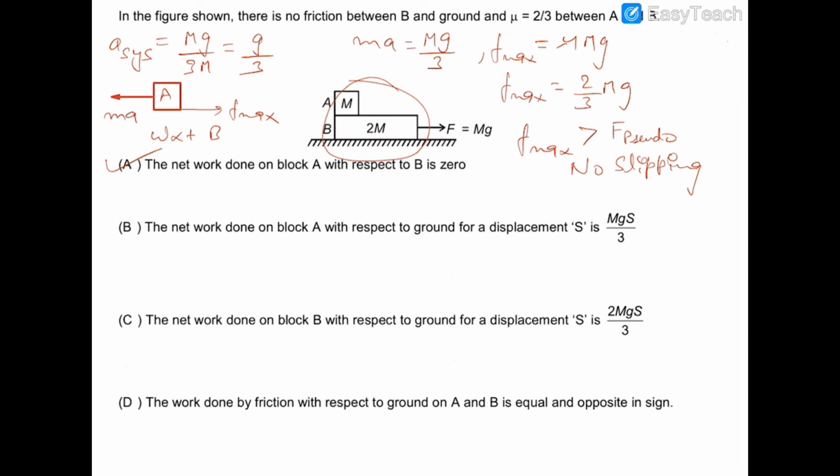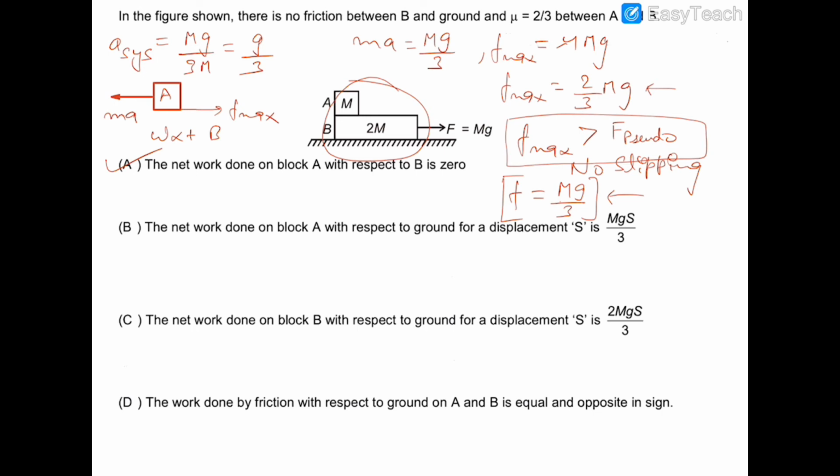Now we can say that if F max is greater than the pseudo force, then friction is sufficient to balance the pseudo force, and hence there will be no requirement of this much friction. The friction which would actually be acting will be equal to the pseudo force, and that would be mg/3. So this friction will be acting between these blocks.